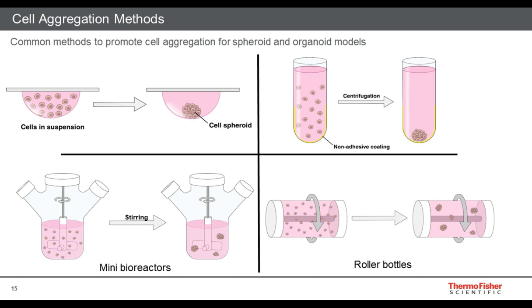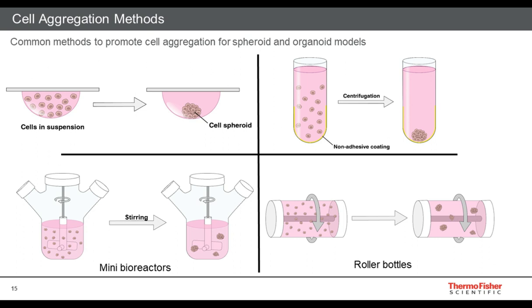These are plates in which the inner surface of the culture well has been coated or treated in some way that prevents cell attachment. And so when you put your cells in, they all aggregate to the bottom, and the shape of the well at the bottom forces all the cells to aggregate together more quickly. And again, for many cell lines and cell types, this results in the formation of a spheroid.